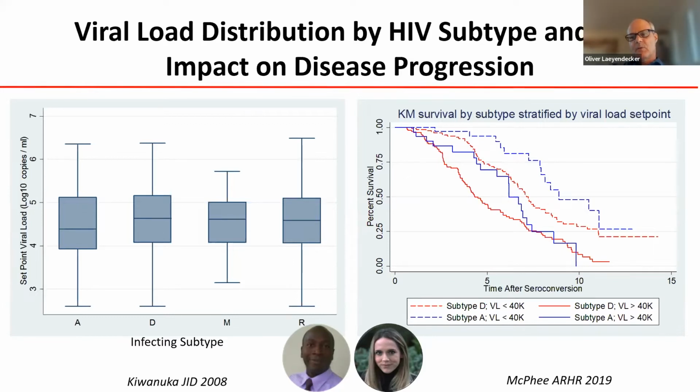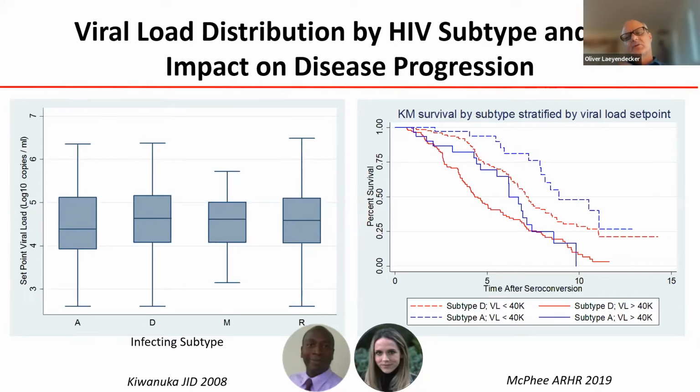But when we look at the Kaplan-Meier survival curves here, with red being subtype D and blue being subtype A, you see a very profound difference in survival between subtype A and subtype D. Now, in this graph, we have stratified by set point viral load, either above or below 40,000 copies per mil. And you see that the curves are basically offset.